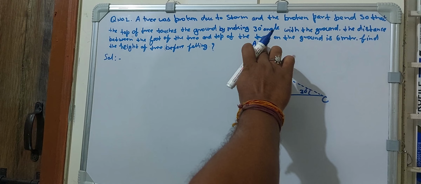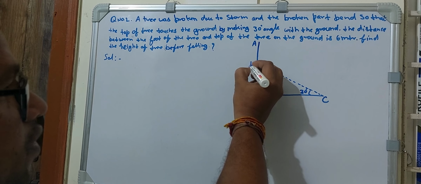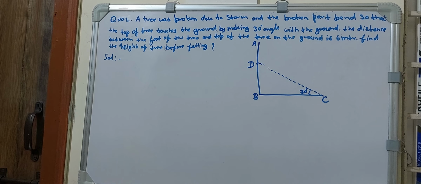Now let's consider this is point D from where it is getting break. Okay, so now we have to find height of tree before fall.